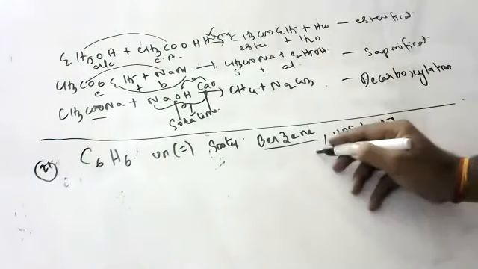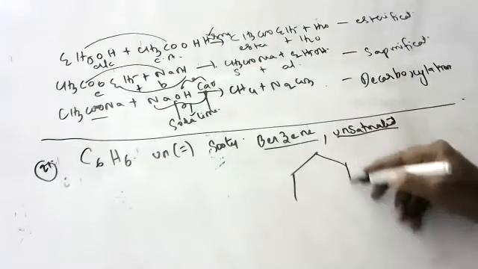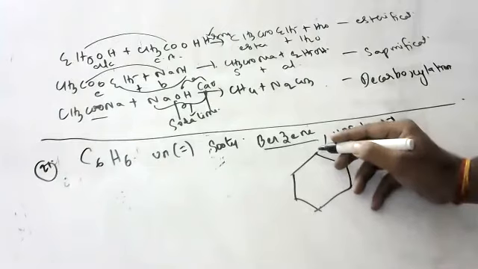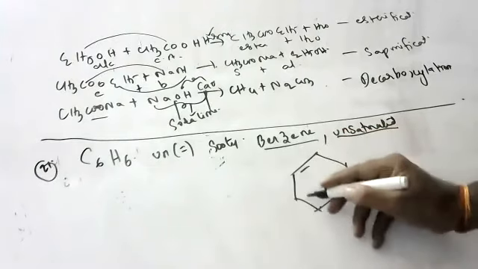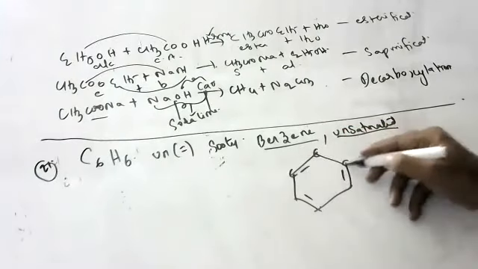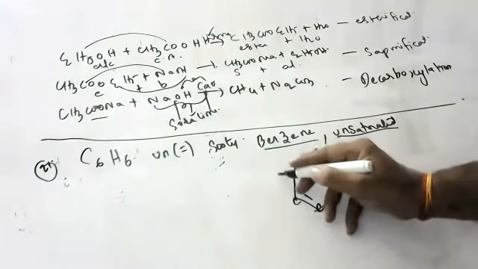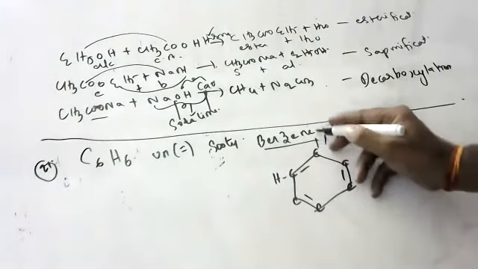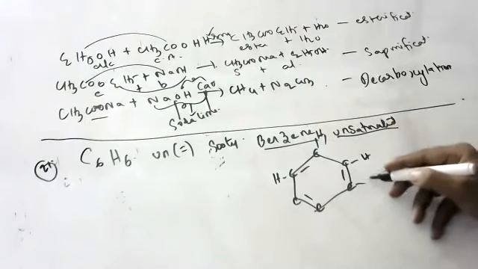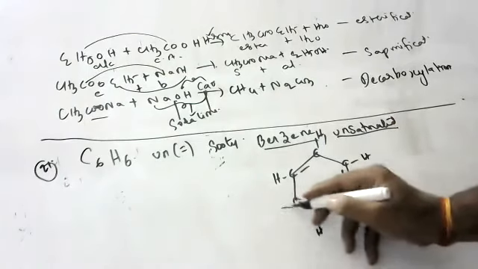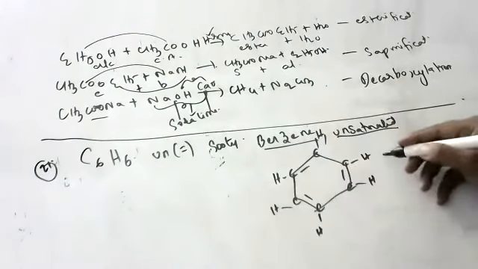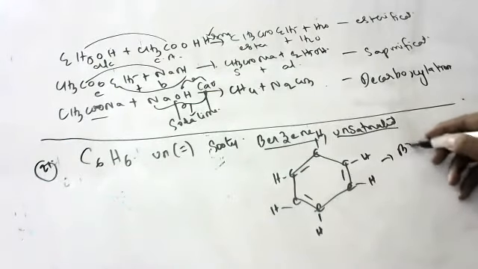Draw its structure, children. Six carbons, and six hydrogens. Children, does it decolorize bromine water? Yes or no?